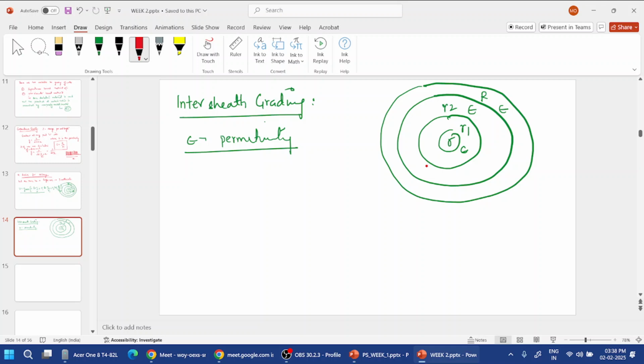Okay, so an auxiliary transformer will be used. First it will be connected here, then here, and then here.